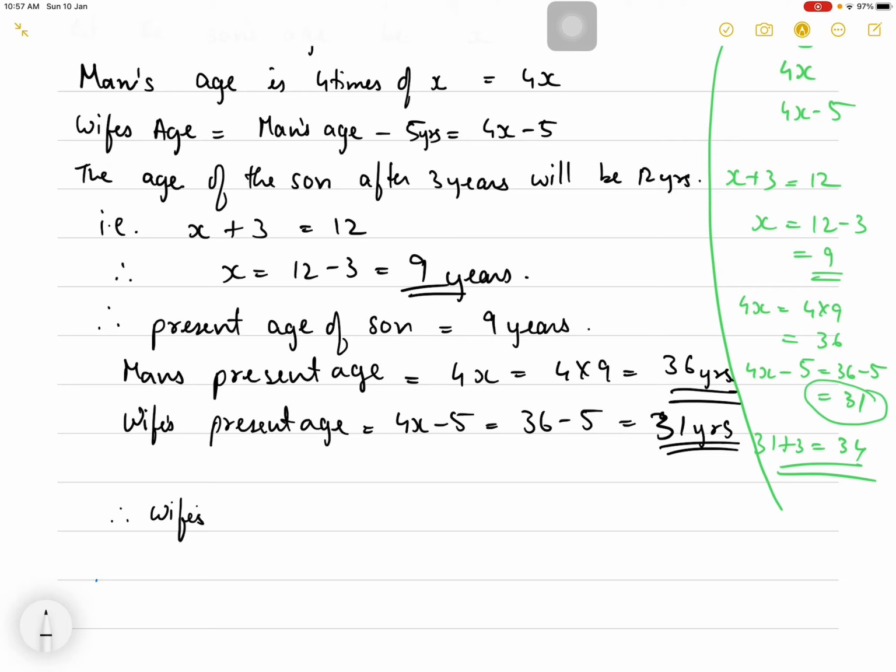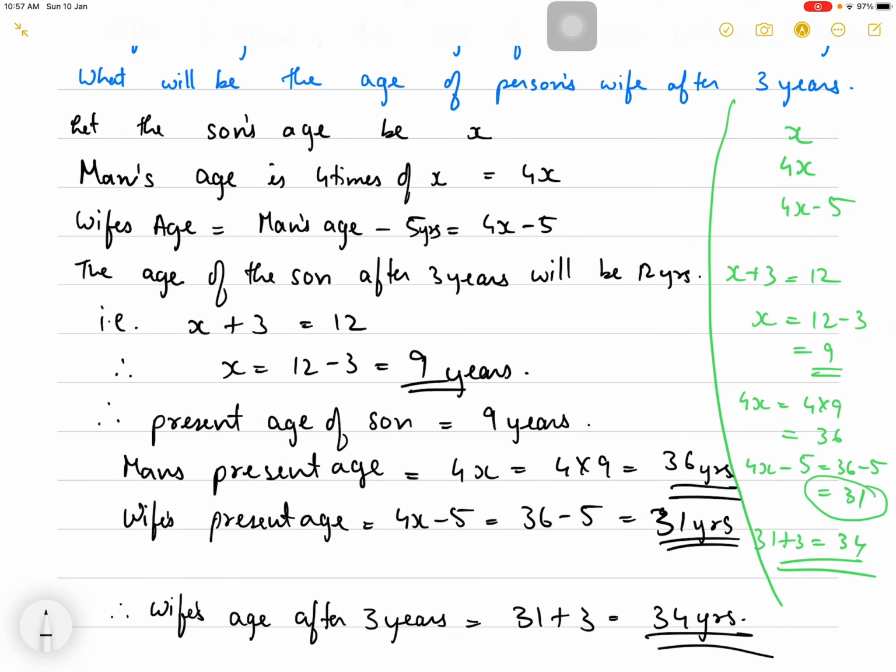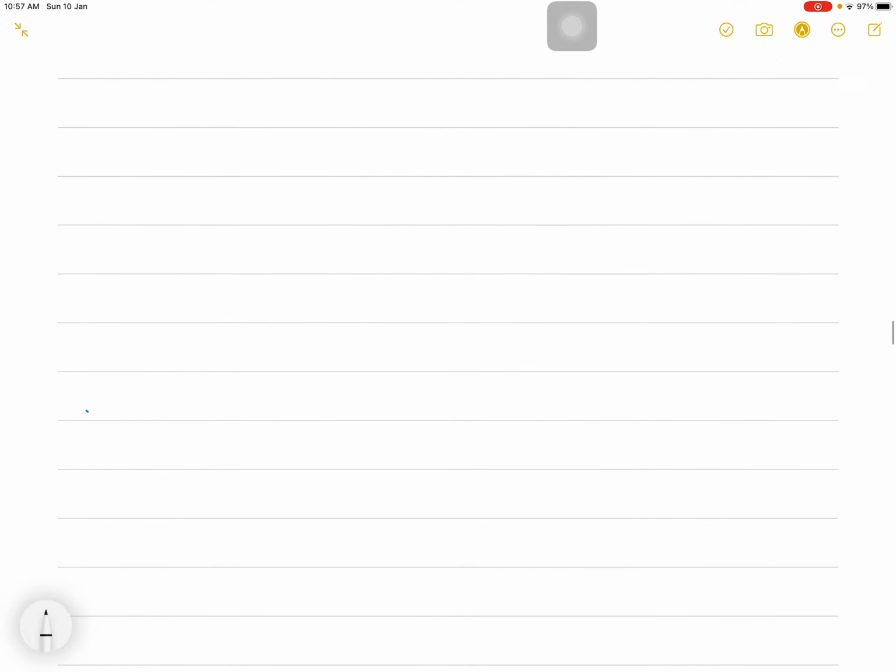Therefore wife's age after 3 years will be equal to 31 plus 3, which is equal to 34 years. Okay, and that is what is asked. Fine. Let's see the next question.